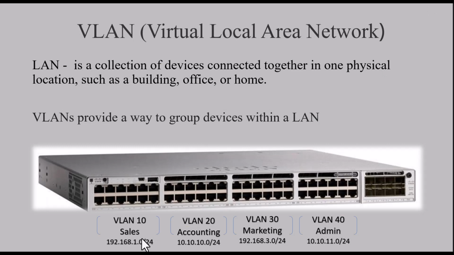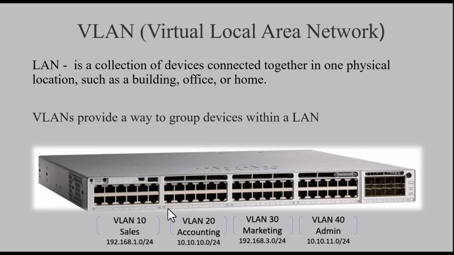And there are 4 different units in the building: sales, accounting, marketing, and admin. So each floor switch has a dedicated VLAN for these 4 departments. So all these 4 VLANs combined together make the LAN. As you can see, VLAN 10, 20, 30, 40 belong to these 4 departments, and each VLAN is associated to a subnet.